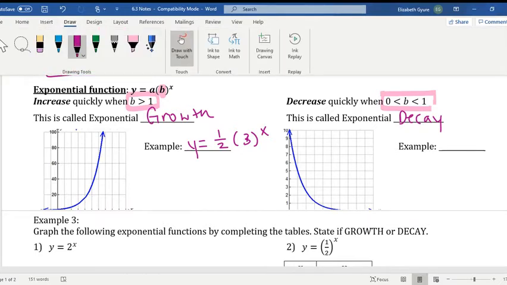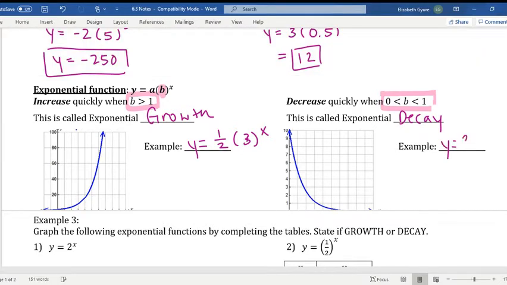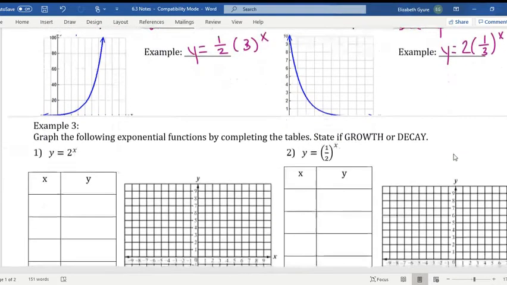So if you see something like y equals 2 times 1/3 to the x, this 1/3 here, since that's the number being raised to the x power, since that's between 0 and 1, this would be decay. But honestly, if you can see the graph, you'll be able to tell whether it's growth or decay.